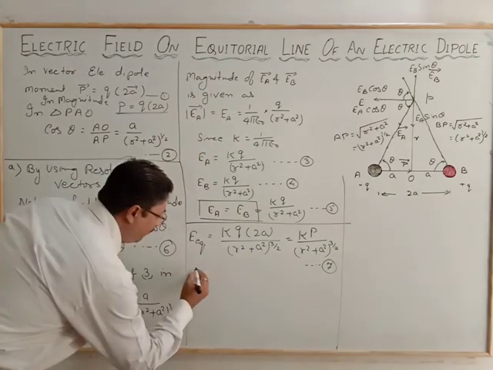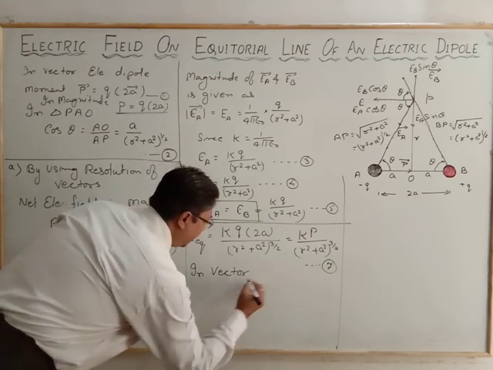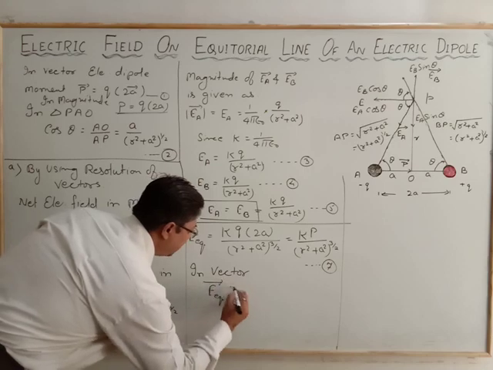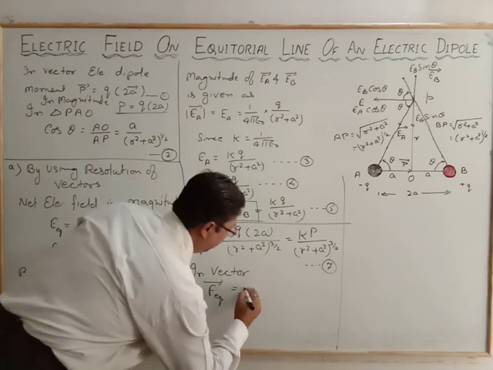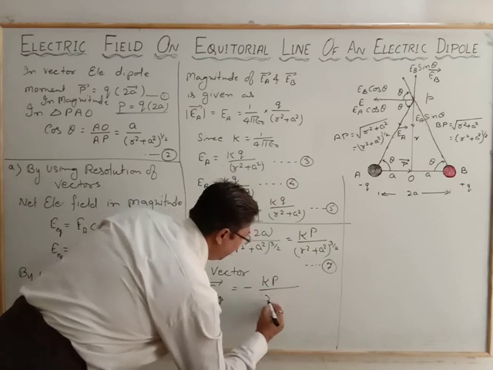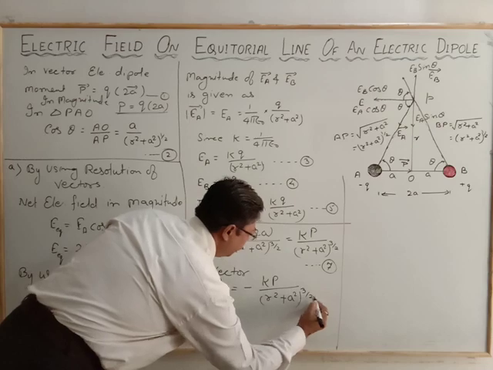So in vector form, the electric field E equatorial vector is equal to, now we write here, negative, minus Kp by (r square plus a square) whole 3 by 2.